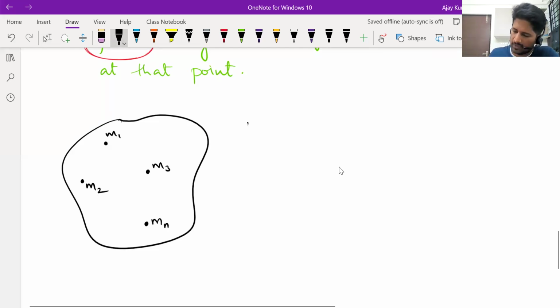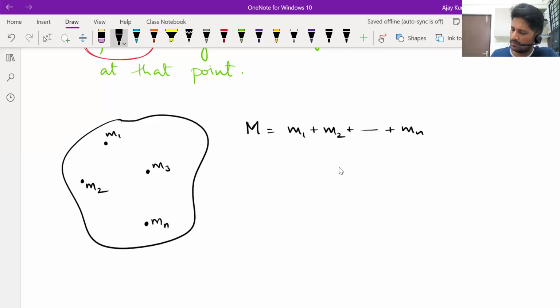Then the total mass of the system becomes m1 plus m2 plus so on up to mn. We can denote it as sigma mi, where i varies from 1 to n. That's the total mass of the system.